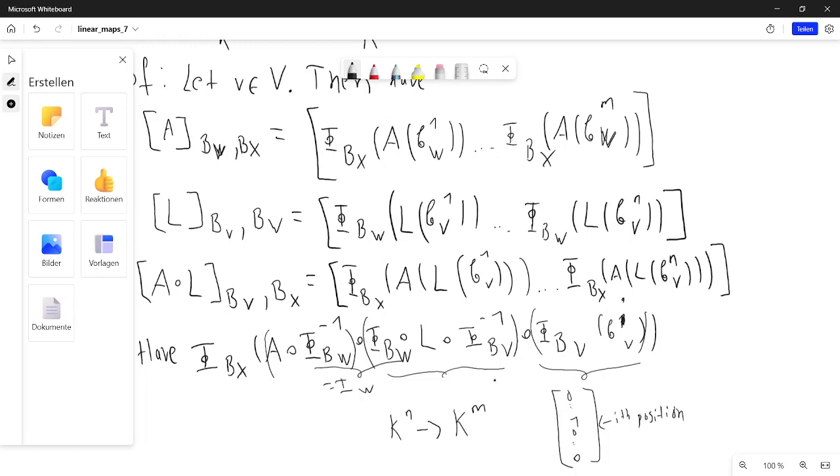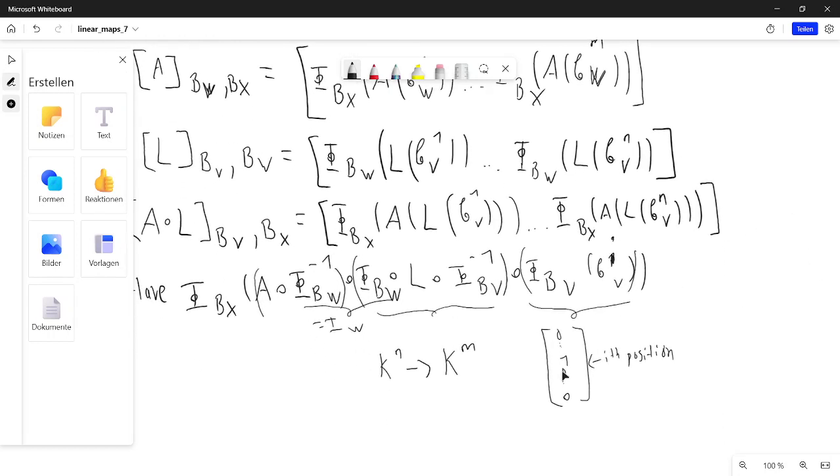Right. So this does what? This actually maps such a vector, right? It maps this vector just by definition to the coordinates V.W of what?